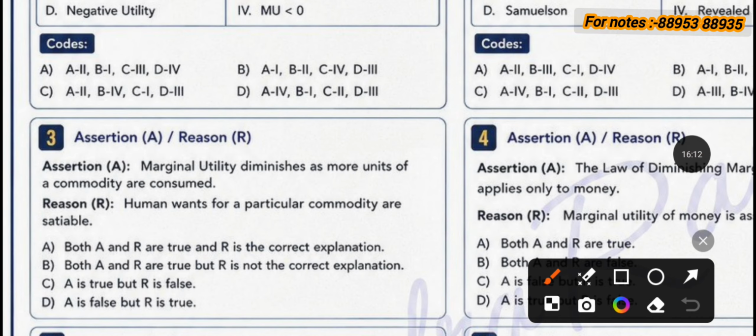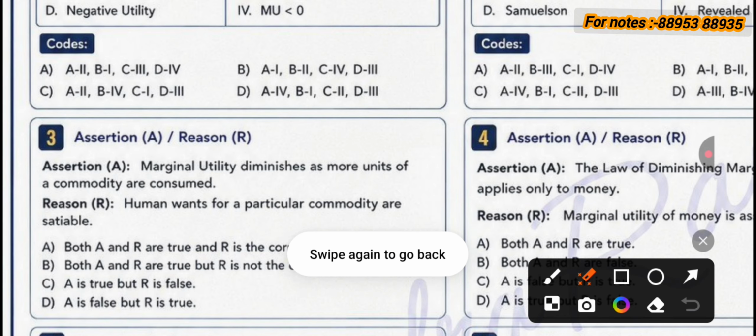In this question, assertion is marginal utility diminishes as more units of a commodity are consumed, and reason is human wants for a particular commodity are satiable, and the answer is option A, which is both A and R are true.